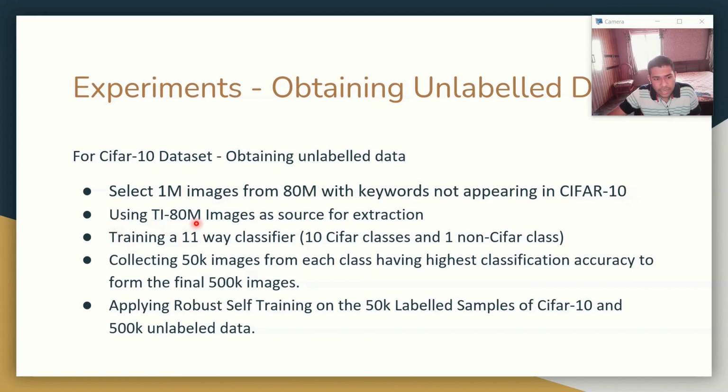We train an 11-way classifier, 10 CIFAR classes and 1 non-CIFAR class, and then we collect 50k images from each class having the highest classification accuracy to form the final 500k images. So from these 10 CIFAR classes of the unlabeled data, we extract 50k images each and get 500k unlabeled images. Finally we apply the robust self-training algorithm on the 50k labeled samples of CIFAR10 and the 500k unlabeled data obtained in the way specified above.